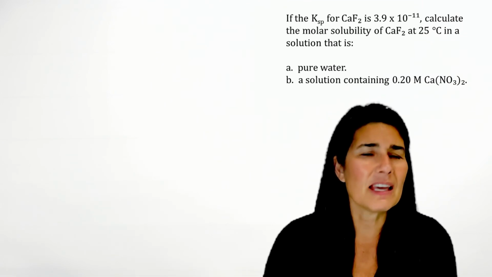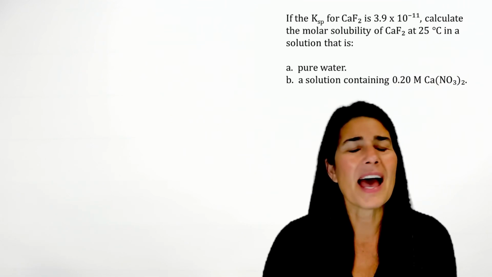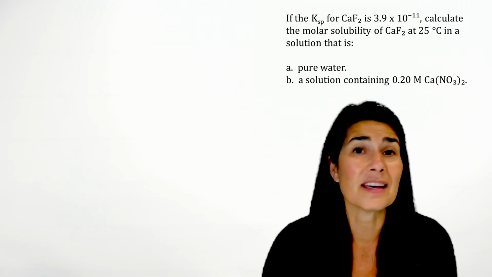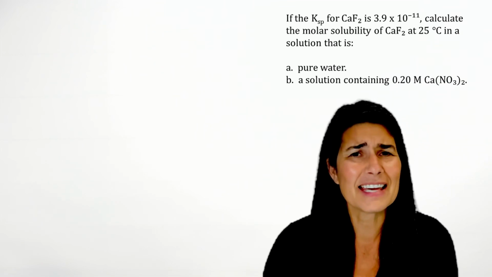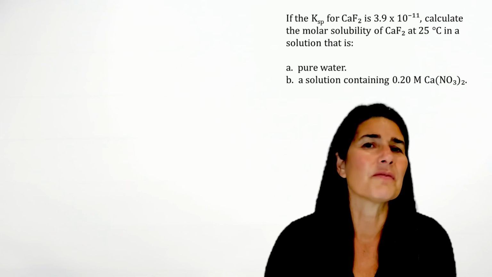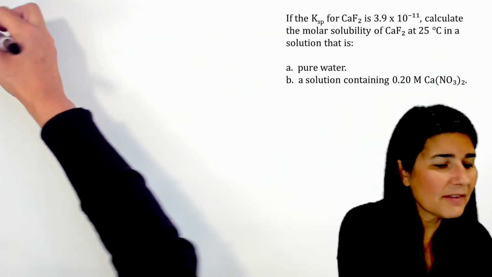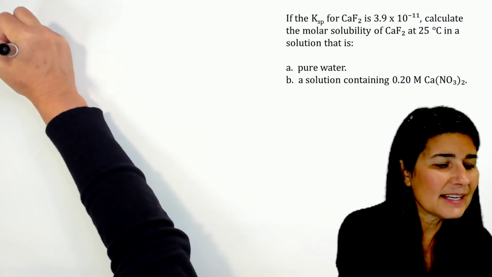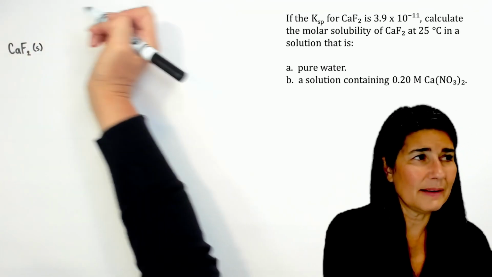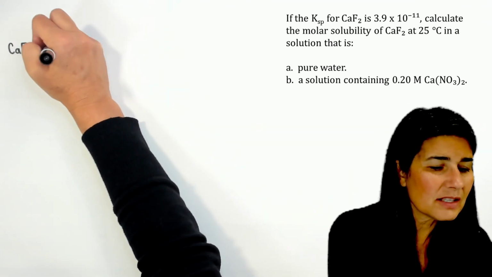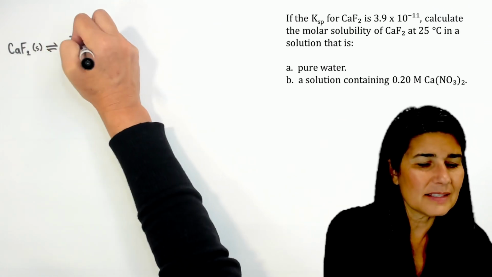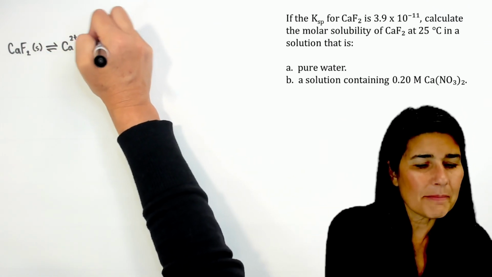Now, they've given us a KSP value. If we have a KSP, we need to write the chemical equation showing the dissolving process, and we need to write the KSP expression. I'm going to go ahead and do this for situation A. We've got calcium fluoride, CaF2, that is our solid. That solid is going to dissolve a little bit into calcium 2 plus ions and 2 F minus ions.